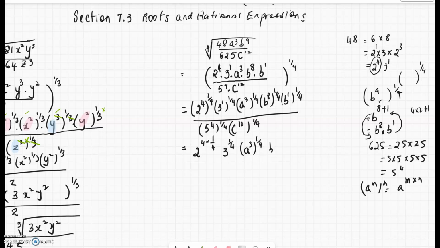Now, b to the 8 times 1/4. And then, of course, b to the 1/4. Anything to the 1/4, I'm just going to leave it alone if it is not going to give me a whole number exponent. And the whole thing divided by 5 to the 4 times 1/4. I'm going to multiply these two because the 4s are going to cancel and give me a whole number. C to the 12 times 1/4 because I know the 4 is going to cancel with the 12.